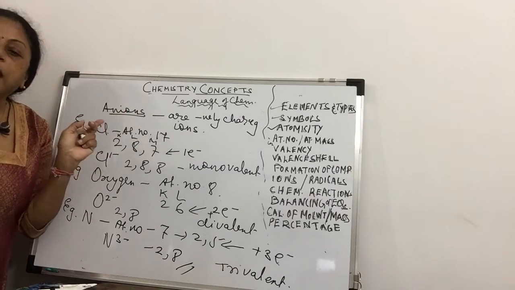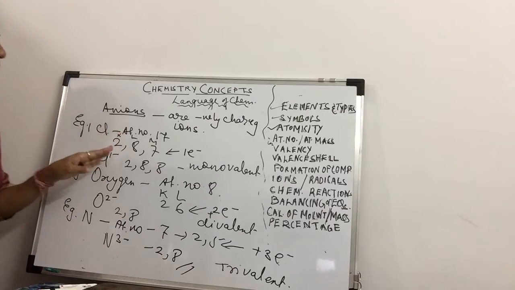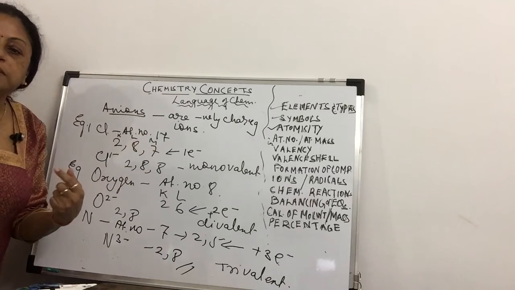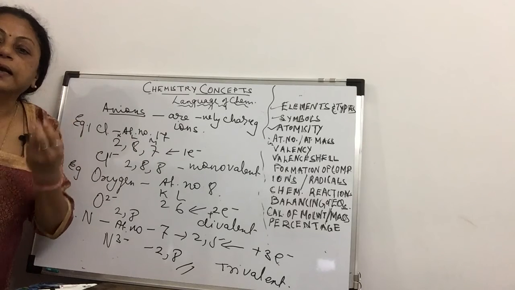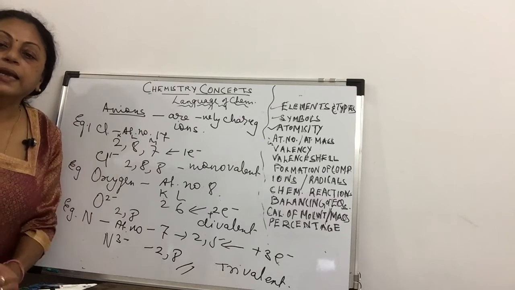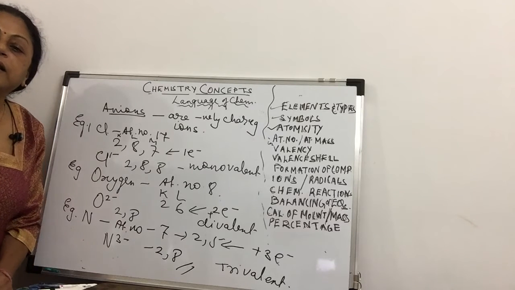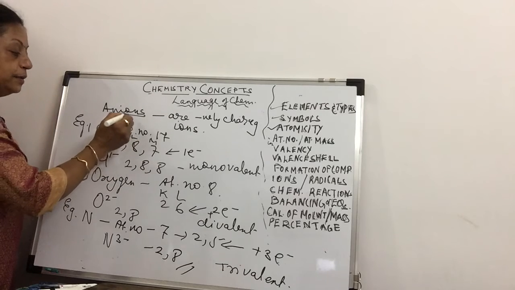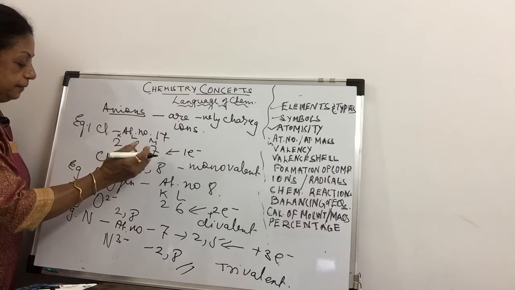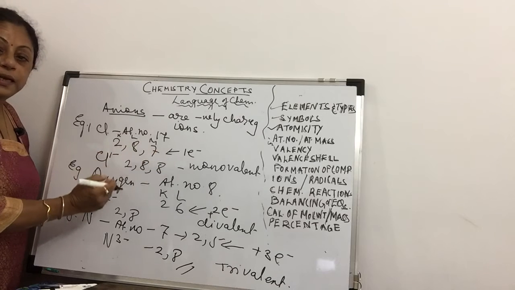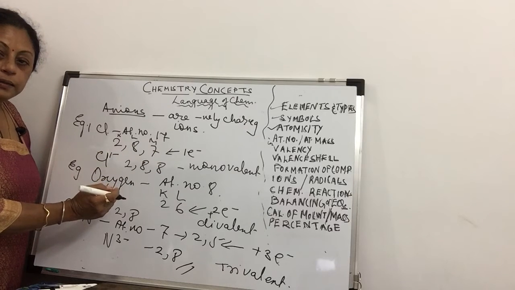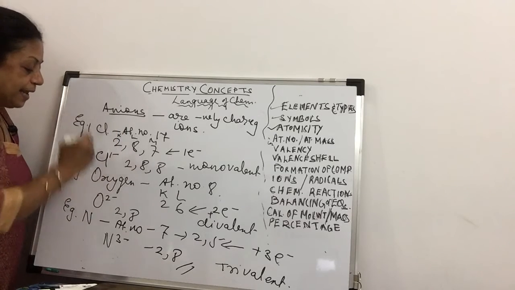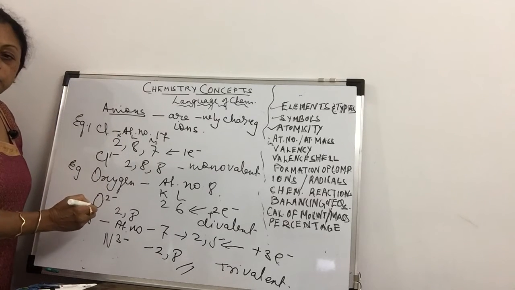Now, why has the word anion been given? Because when elements gain electrons, they get a negative charge.